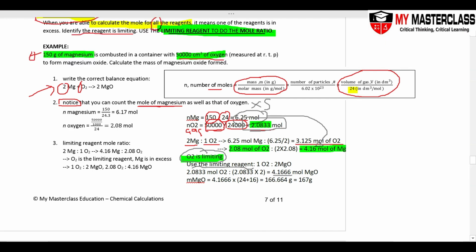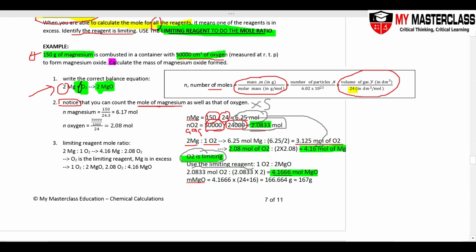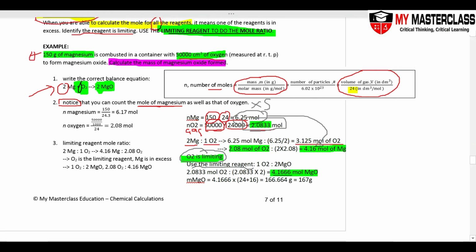Because the ratio is 1 oxygen to 2 magnesium oxide. So it will give me 4.166 moles of magnesium oxide. The question is asking what is the mass of magnesium oxide formed. So I will only form 4.166 mole, then apply back your equation. You have the mole, the question asks for mass, so apply back this one.